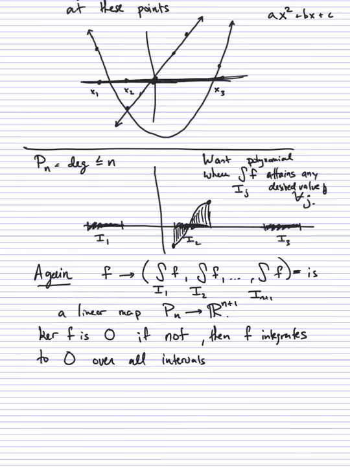They have to cancel each other out, but this can only occur if you have a 0 value. Okay, so therefore, f has a root in this interval. And again, this is a contradiction unless f is 0, since now we have n plus 1 roots. So contradiction unless f is 0.